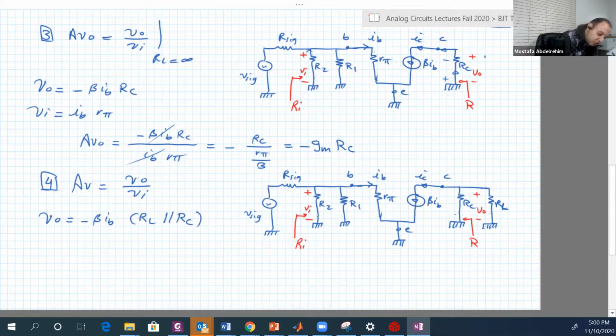VO is the voltage between this node and the ground. For the parallel combination, the total current, IC or beta IB, flows from bottom to up, so the voltage drop is positive, negative, opposite to VO. So VO is equal to minus beta IB RL parallel RC.